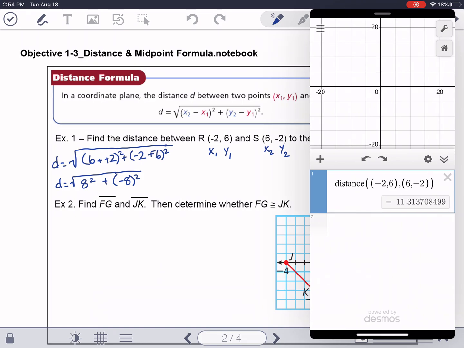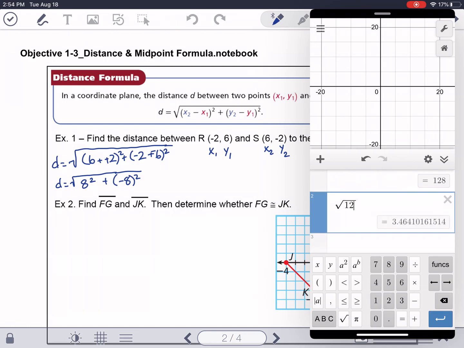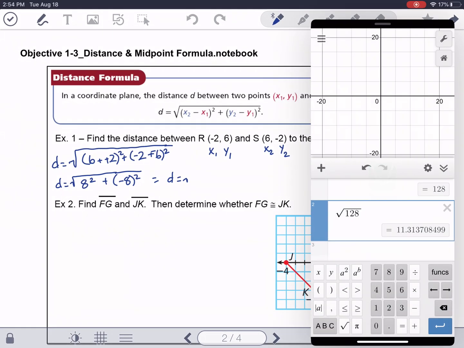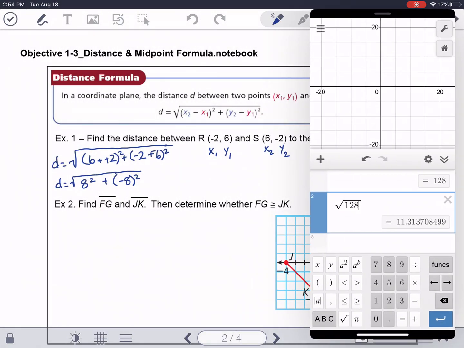So when I put this in my calculator, I get 128, and then the square root of 128 is 11.3. I'm just going to put that 11.3.